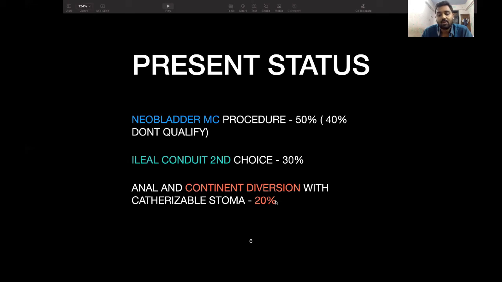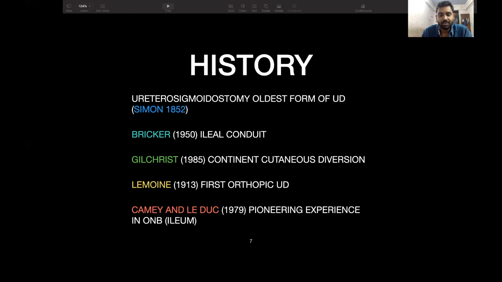So the important MCQ from this slide is: the most common type of urinary diversion is orthotopic neobladder, followed by non-continent cutaneous diversion, that is ileal conduit, at about 30%, which is second most common, and 20% is the continent cutaneous diversion, which is catheterizable, in the third position.